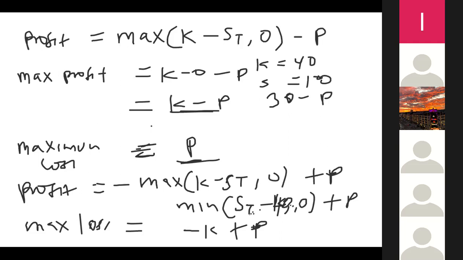That person will pay only P. So the maximum profit will be P, and it's the same as the maximum loss of the other one.